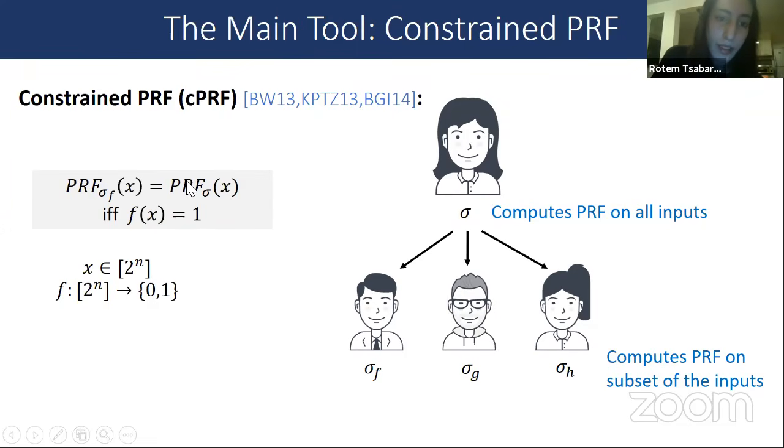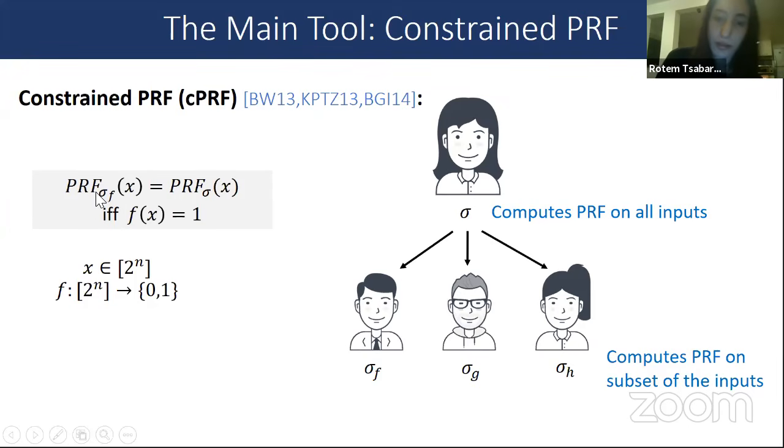So that would be the PRF value using the master seed, and that would be the PRF value using the constraint seed for f, and they should be equal conditioned on f of x equals 1. And if f of x equals 0, then the value of the PRF should look random even given the constraint seed for f.